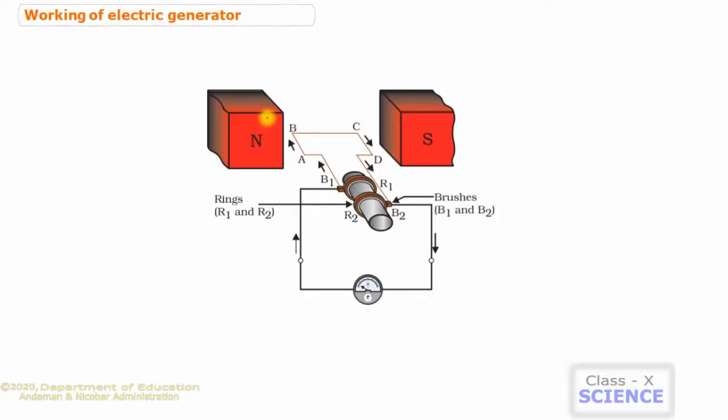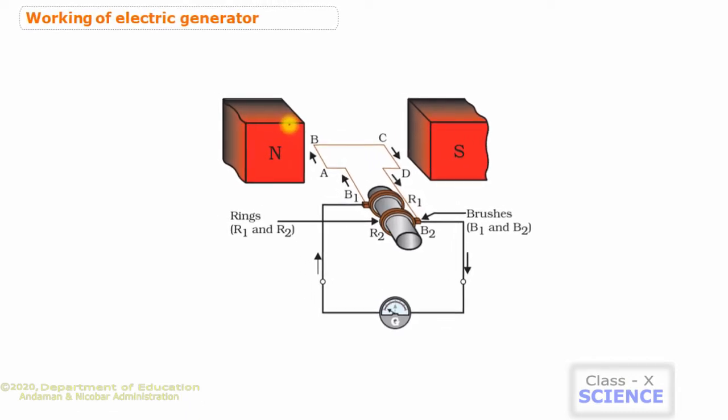The electric generator works on the principle of electromagnetic induction. Previously we have seen that a galvanometer has been used to detect the current. In the experiment, the induced current produced is very small, but in a commercial way also, a large amount of current can be generated by using an electric generator on the basis of electromagnetic induction.